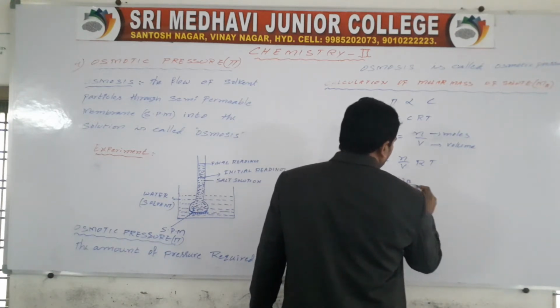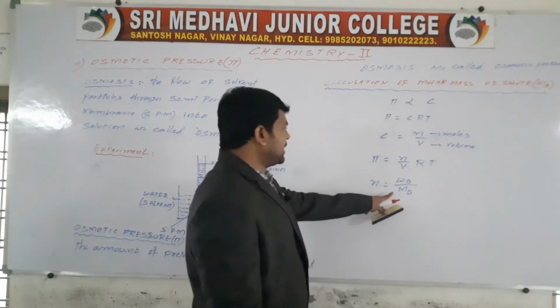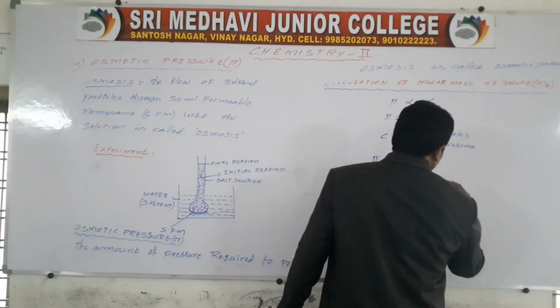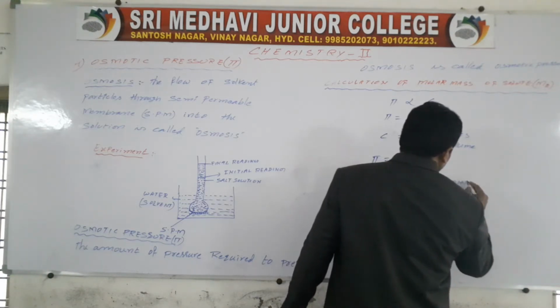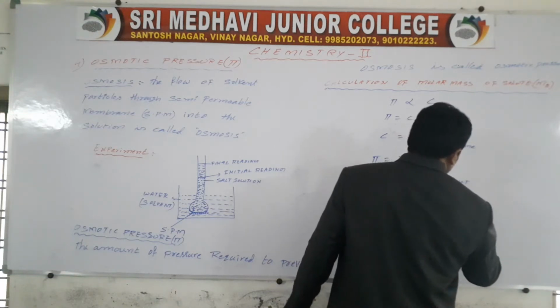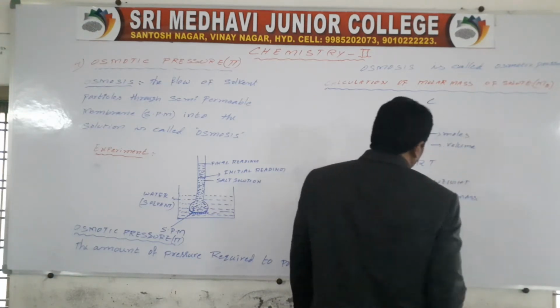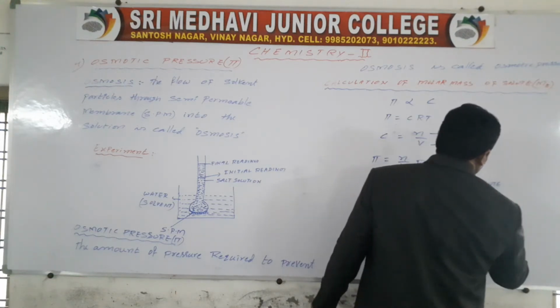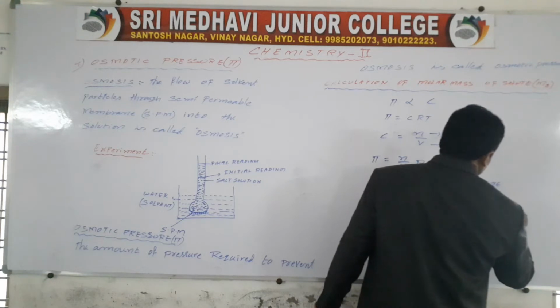Then n equals the number of moles, WB by MB, the weight by molar mass. WB is the weight of the solute, and MB is the molar mass of the solute.